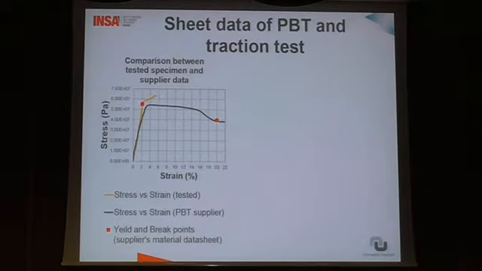Regarding the difference between our test and the stress-strain curve provided by the supplier, we can see the main difference between both curves is the geometry of the specimens, especially because we test our part in quite similar conditions to what the supplier suggests.